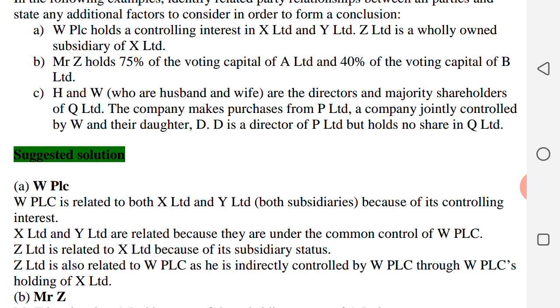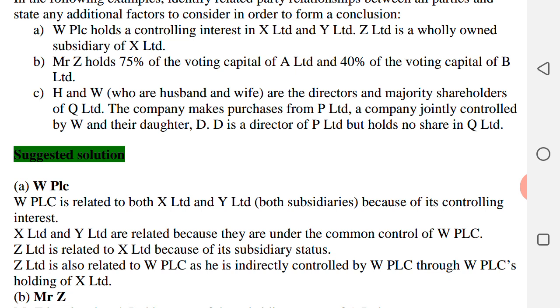Why are X and Y related? Because they are under the common control of WPLC. So they are fellow subsidiaries. X and Y are fellow subsidiaries of WPLC. Z is related to X because of its subsidiary status.